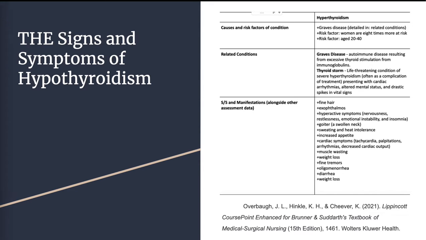a goiter, which is a medical term for basically a swollen thyroid region around the neck. Besides that, sweating and heat intolerance, also directly related to metabolism, increased appetite, still metabolism, cardiac symptoms. One of the most direct impacts of the thyroid is going to be the cardiac system.